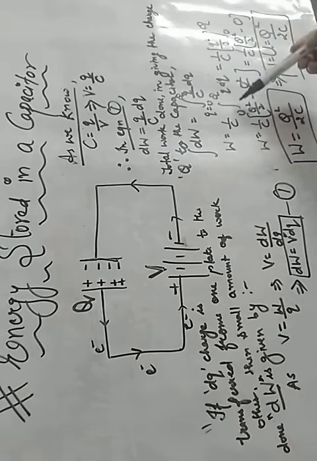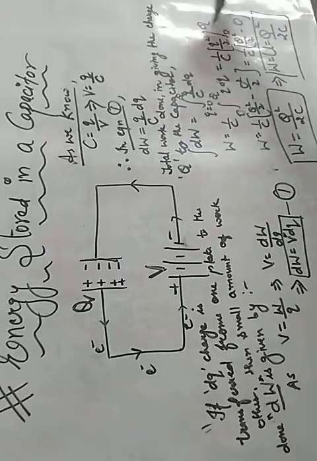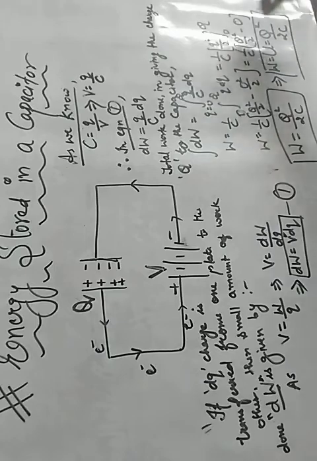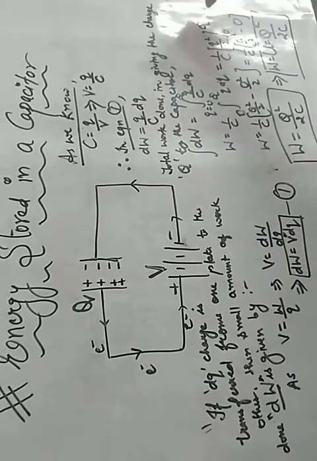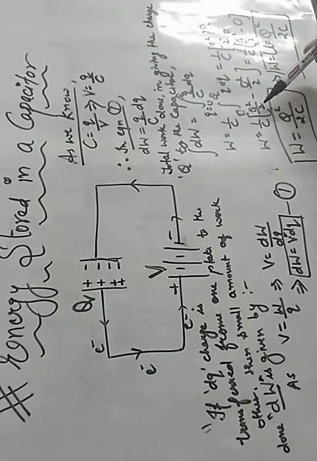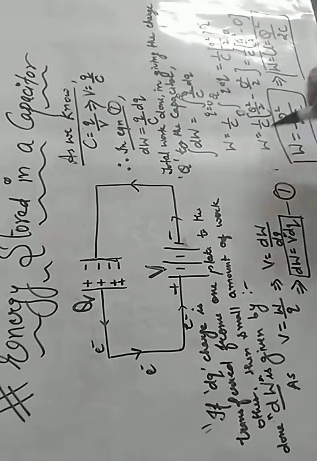We have to integrate Q dQ from limits 0 to capital Q. You know the integration of Q dQ becomes Q square upon 2, with limits 0 to Q. Putting the limits, upper limit minus lower limit, it comes out to be capital Q square upon 2 minus 0 square upon 2, which becomes 0, and we are left with only 1 by C times Q square upon 2. So the work done comes out to be Q square upon 2C.